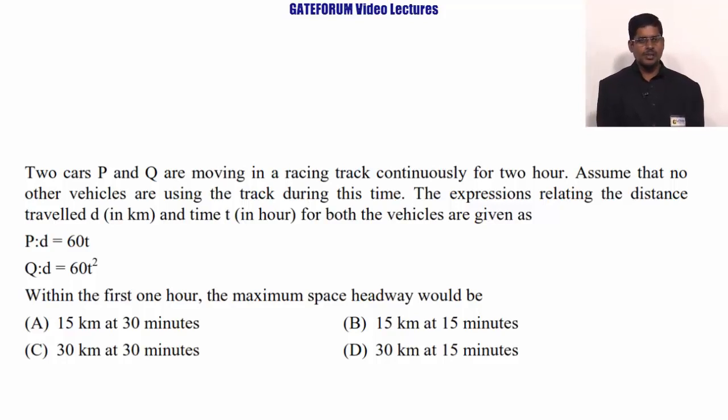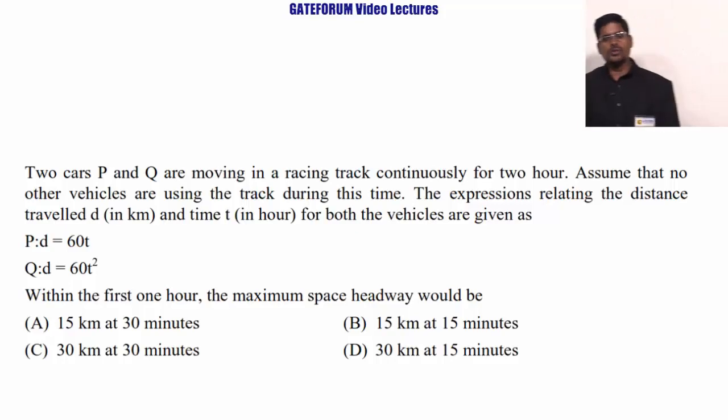This question is from engineering mathematics. Topic is calculus. Subtopic is basics, maxima, minima, which is from GATE 2017. The solution is, the distance between the two cars P and Q at any time t is generally denoted by d symbol distance, but for the necessary condition of maxima minima of any function, whether it is distance or anything, the first derivative equals 0.